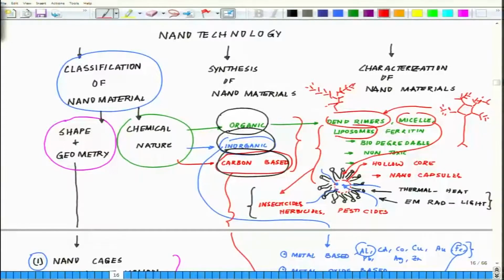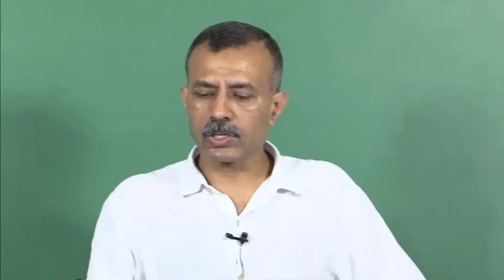Then you have liposomes, which are pretty similar. Then you have ferritin, iron binding clusters. These are mostly biodegradable, as I mentioned, and non-toxic, and they have a hollow core, and they are also sometimes called nanocapsules when you talk about micelles or liposomes. Their properties, their degradation, their opening, could be regulated by thermal or electromagnetic radiation. So you can expose them to light and they may open up partially. If you increase the intensity of light, they will open up more. So there are several modifications you can do with these kinds of nanomaterials.